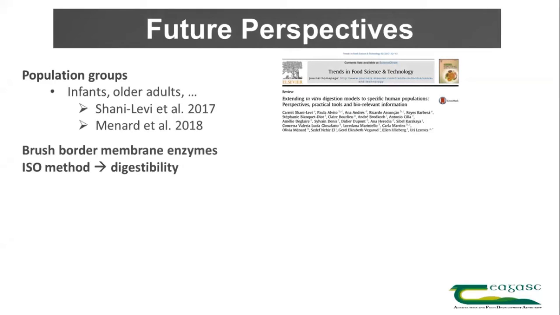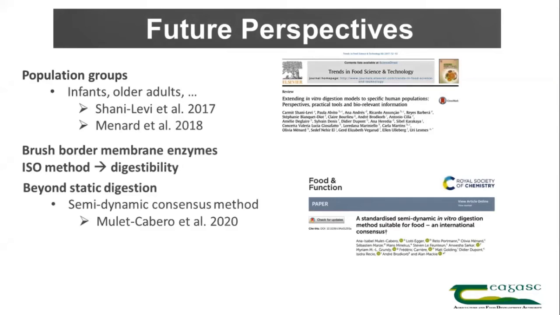Lotti Egger is also working on ISO method, in particular the digestibility of proteins and what is beyond the static digestion. Last year, Annabelle Mollet-Cabero published a consensus method, a semi-dynamic consensus method, which is based on the Infogest method, and that might be a subject of a separate talk.